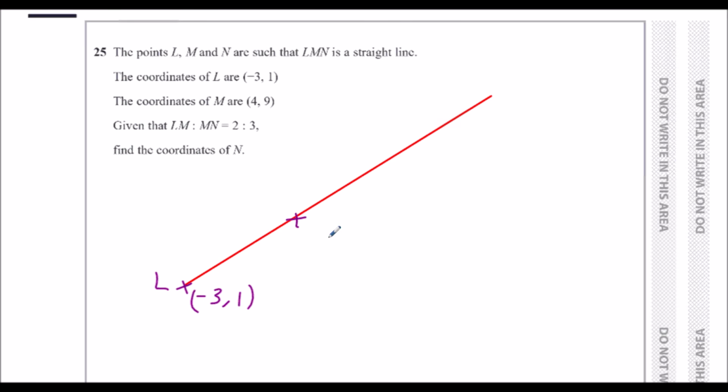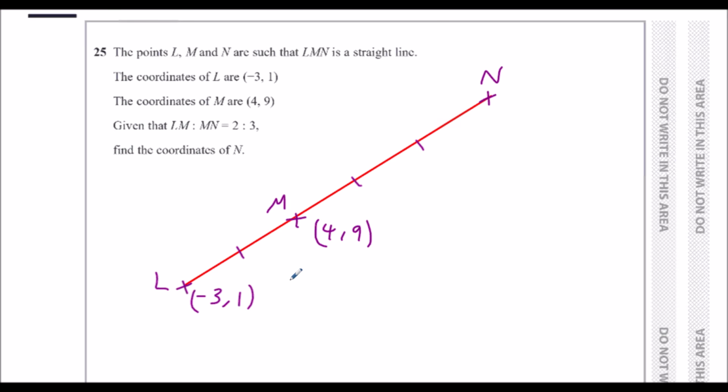We have M at 4, 9, and we have N. So L to M is 2 parts, and M to N is 3 parts.